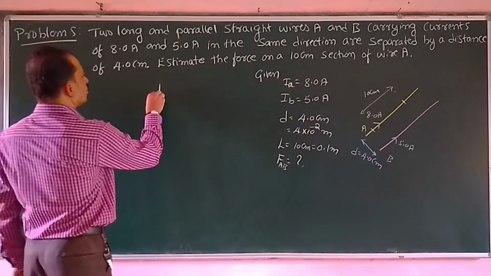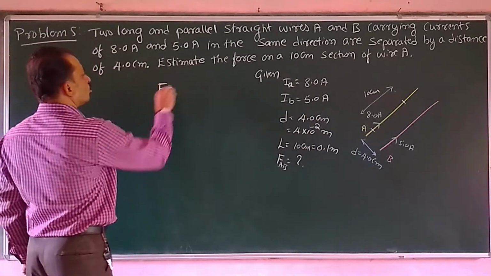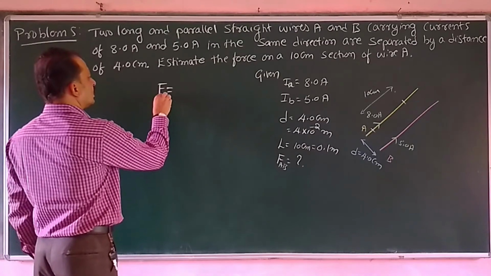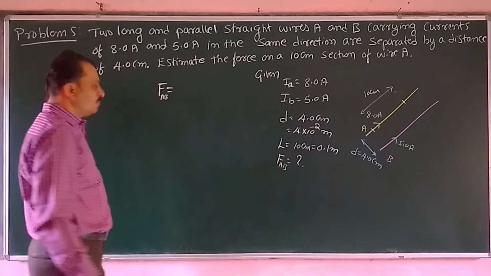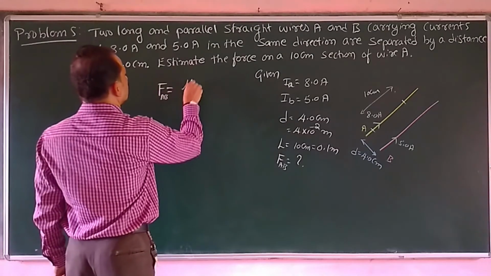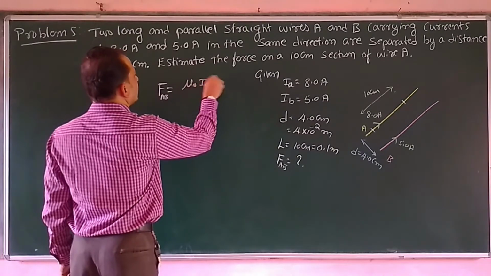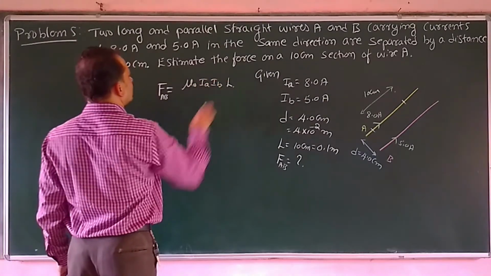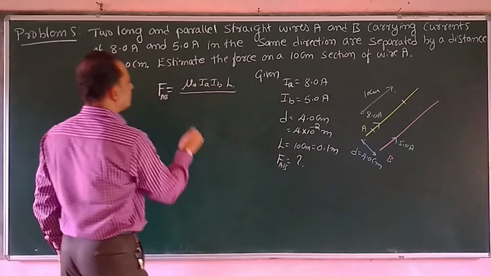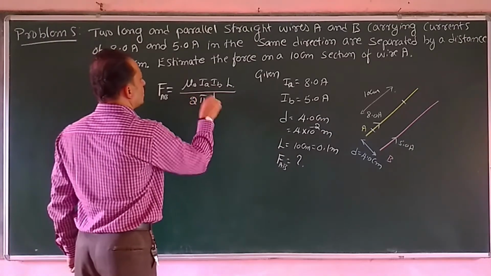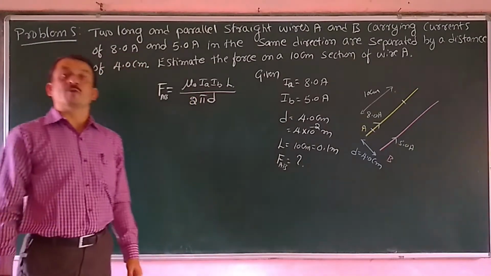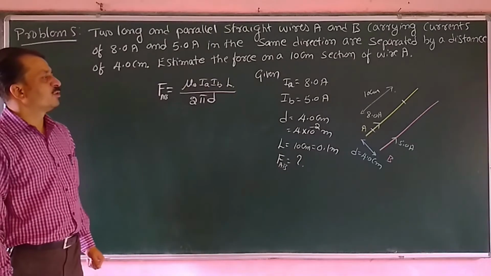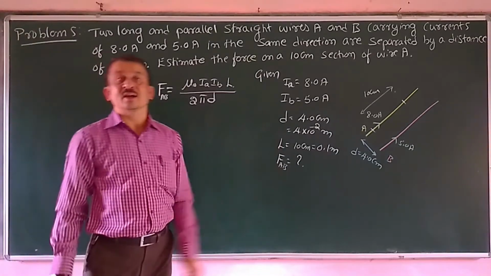That we know, force on the conductor A due to the conductor B is equal to mu naught IA IB L divided by 2 pi D. That formula we have derived in the case of force between parallel currents.